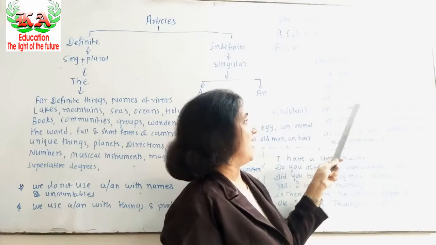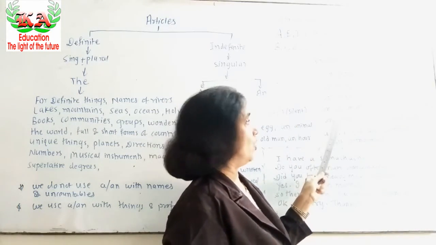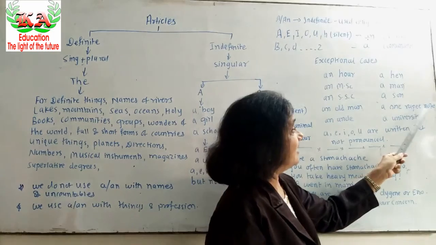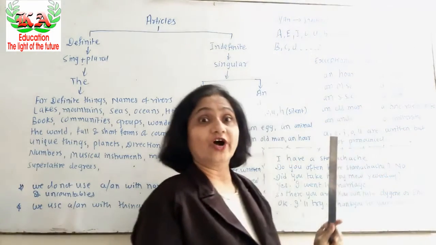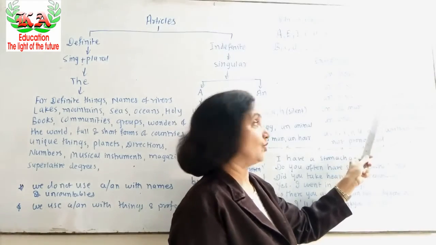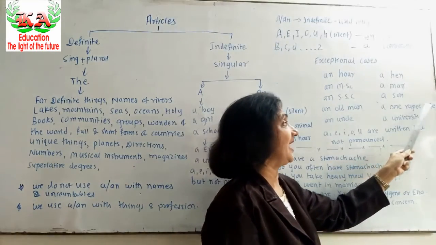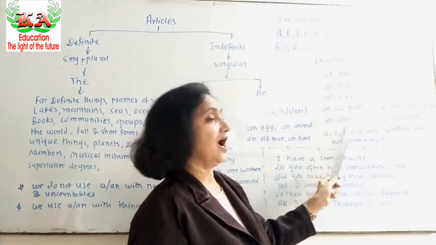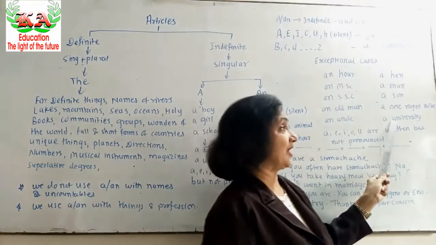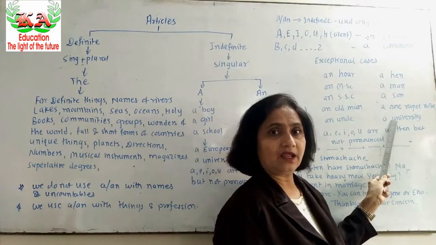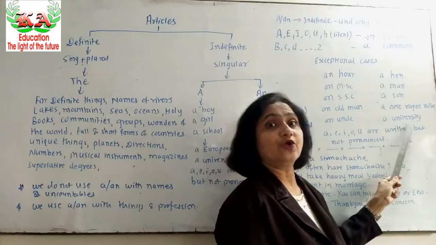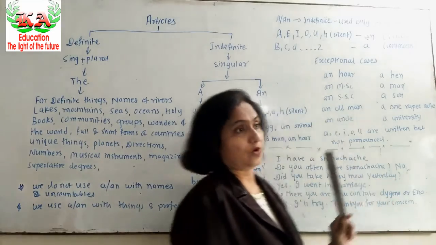So an old man, according to the vowel it is old. And a one-eyed, a 1 rupee note. Va is spoken. So that is, you have to write a 1 rupee note. And uncle, with U we get an, and that is true. But when we speak university, we say a university, a useful, because ya is spoken.